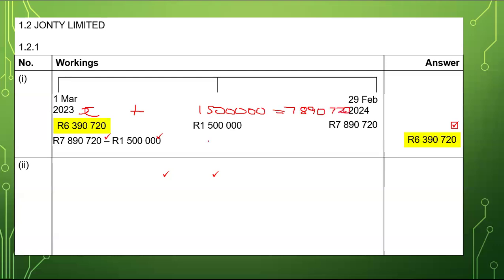And to solve for X, you'll just say X is equal to 7,890,720 minus that 1,500,000, and it'll give you this. So it's up to you how you want to calculate it. I calculated it that way. I found it to be a little bit easier. Makes sense too. I just hope it makes sense to you.